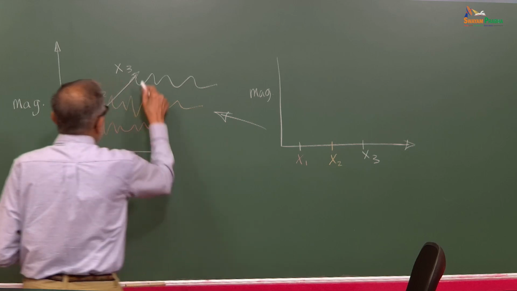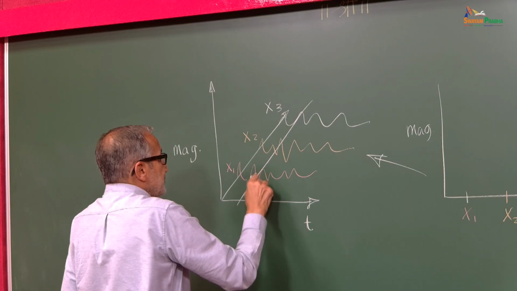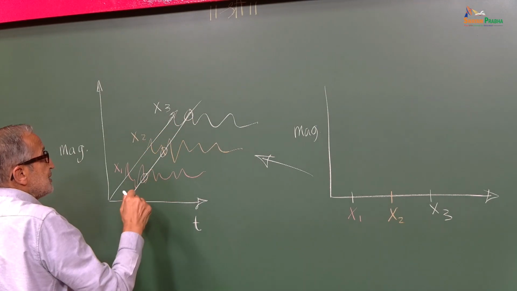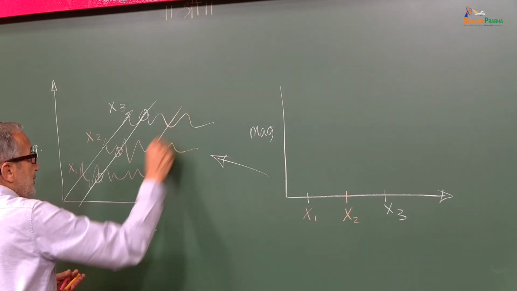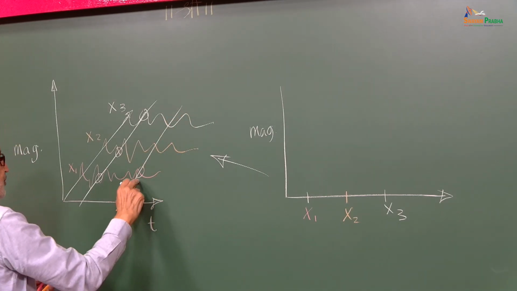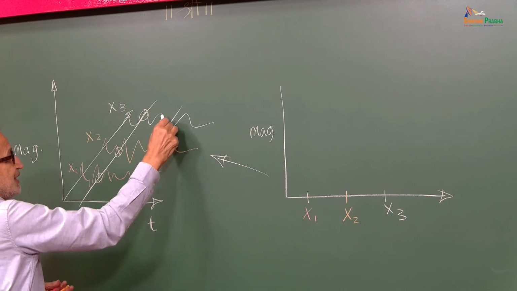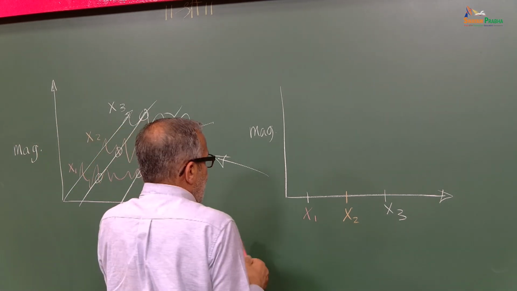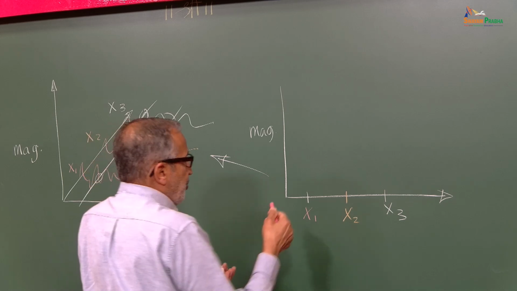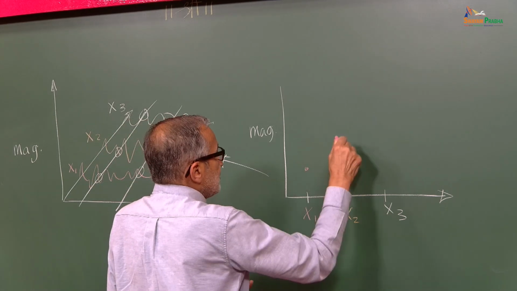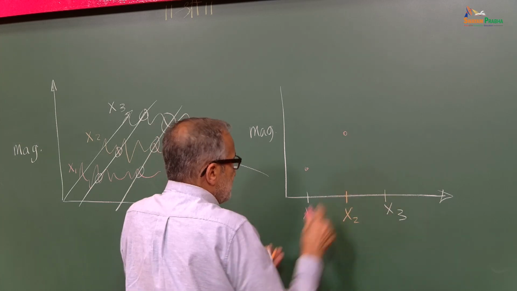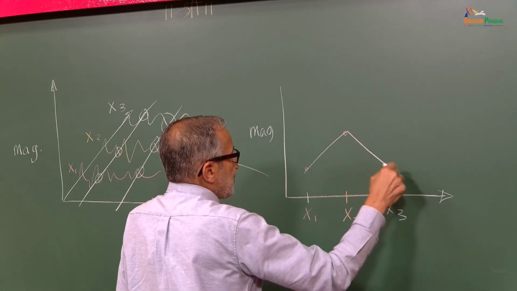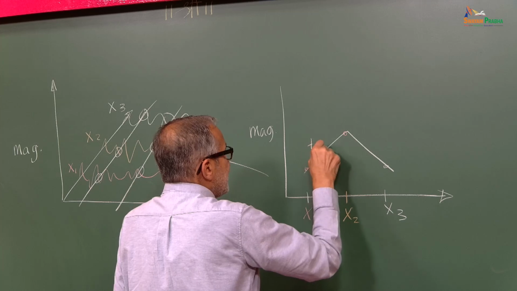So at this particular point in time, we have this measurement, this value for x2, this value for x3, and at another moment we have this value for x1, this value for x2, and this value for x3. So we would then have, for each point in time, so this corresponds to T1.